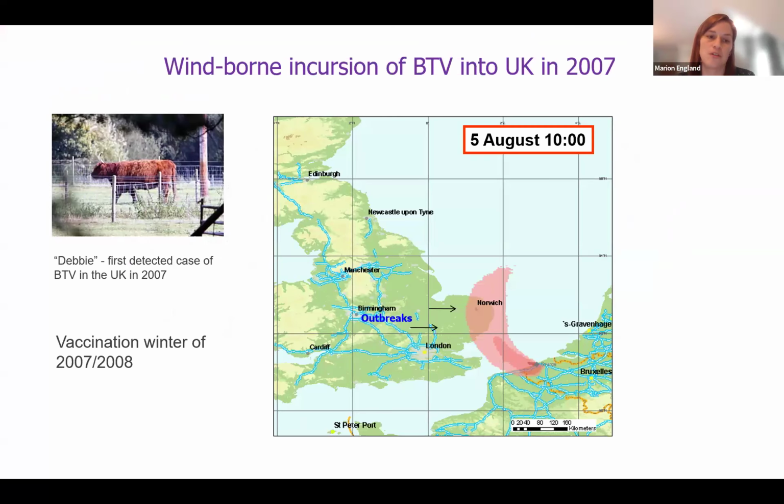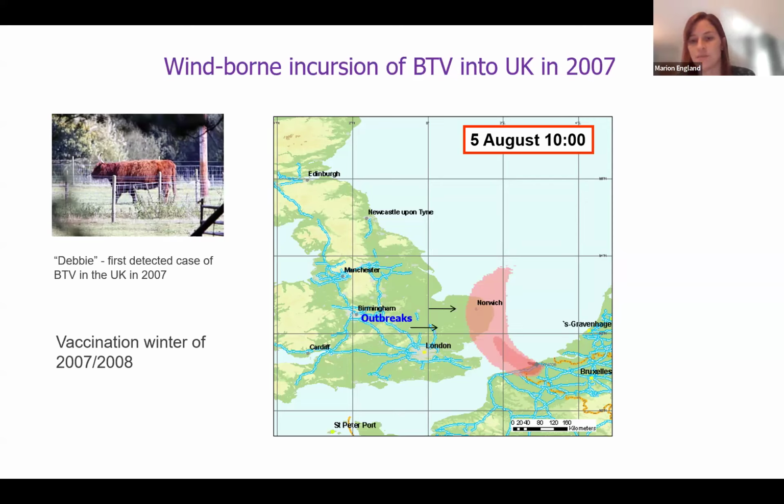So how did it come across to the UK? So this cow on the left is Debbie the Highland cow, and she was the unfortunate first case of bluetongue in the UK when it came across in 2007. Midges can be carried very long distances by the wind. So what actually happened was we looked at the direction of the wind, and we were able to use a model that the Met Office have to model particles on the wind and look at which way they might be blowing.